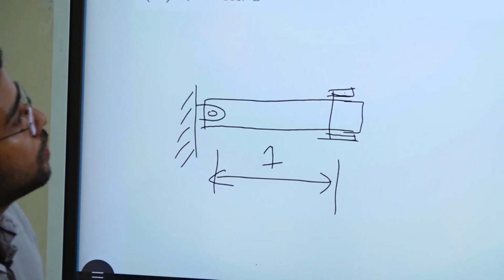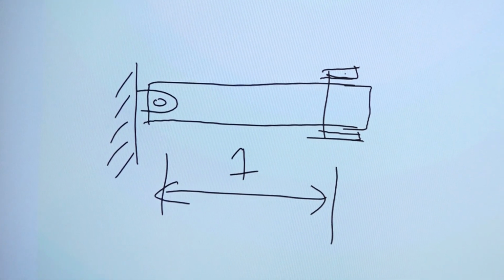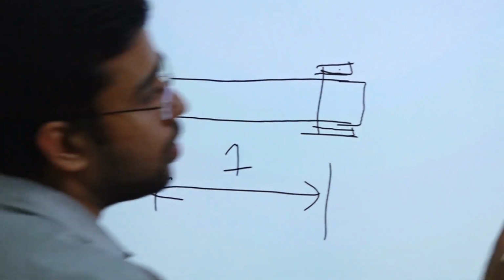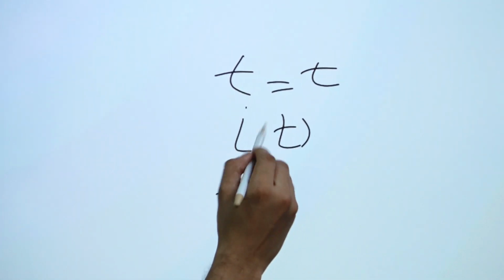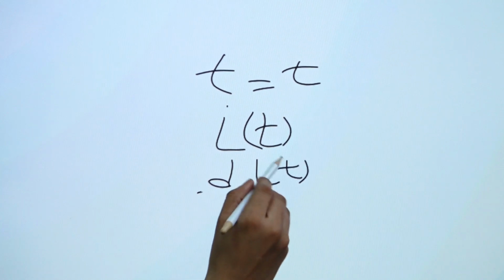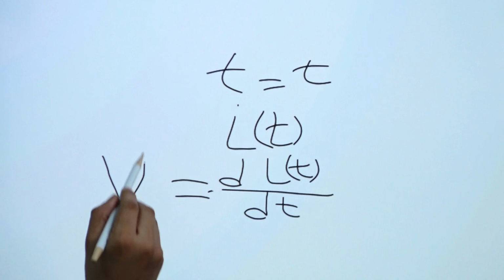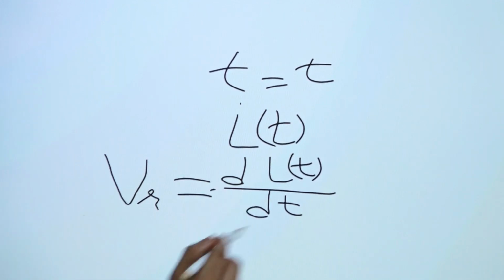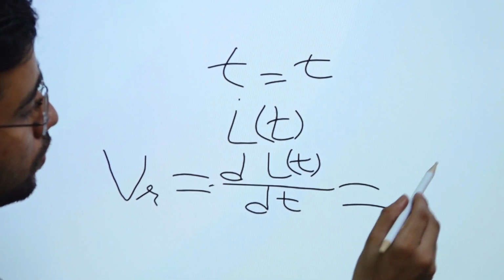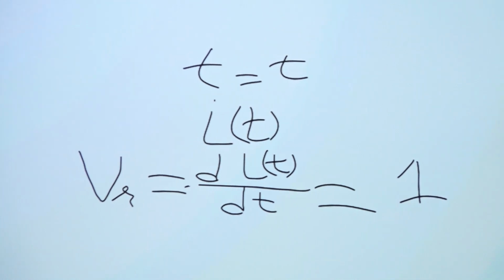At that same time, L dot t, what is the meaning of L dot t? It is dL(t) by dt. So it is actually VR, the radial velocity of the slider, that is equal to 1.